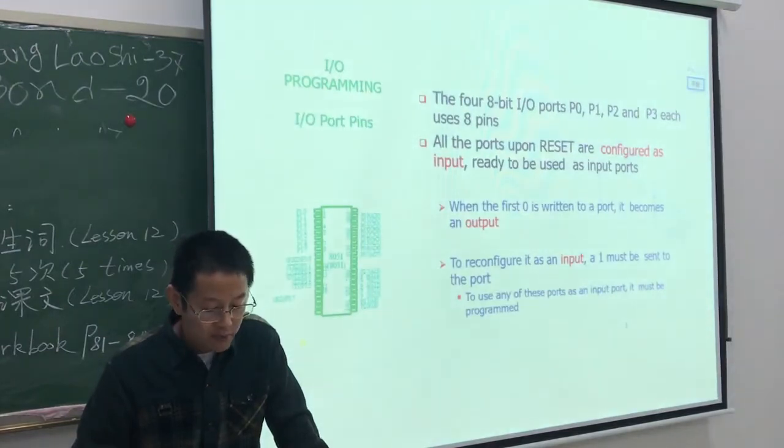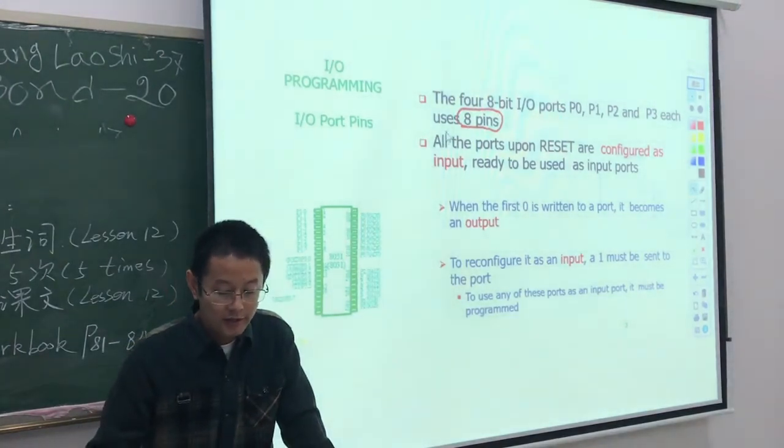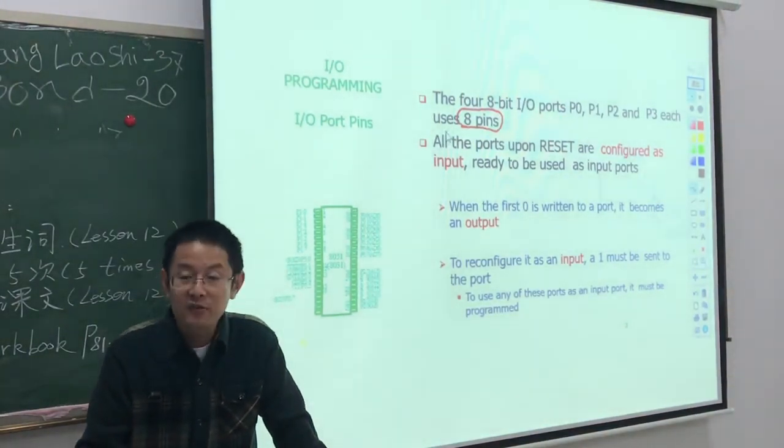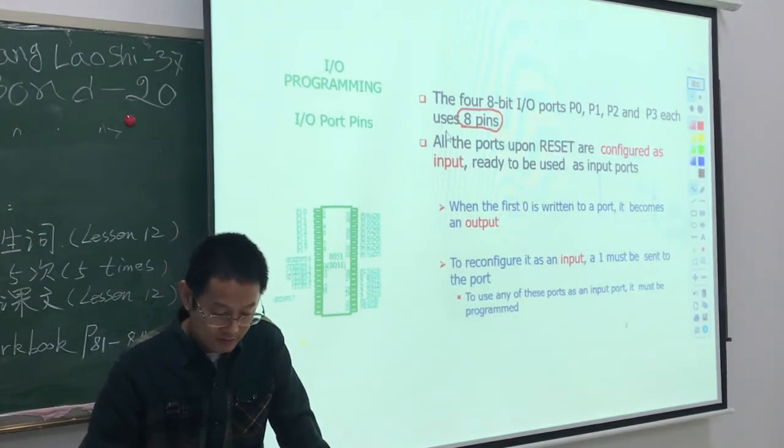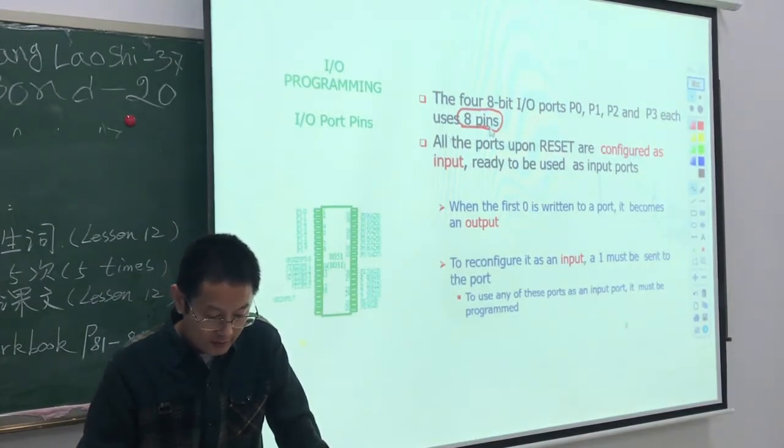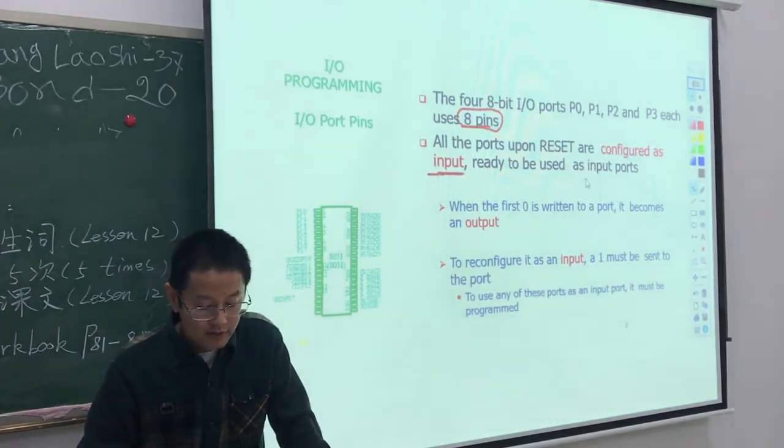The four I/O ports P0, P1, P2, and P3 each use 8 pins, which means every port has 8 bits. All the ports upon reset are configured as input, ready to be used as input ports.